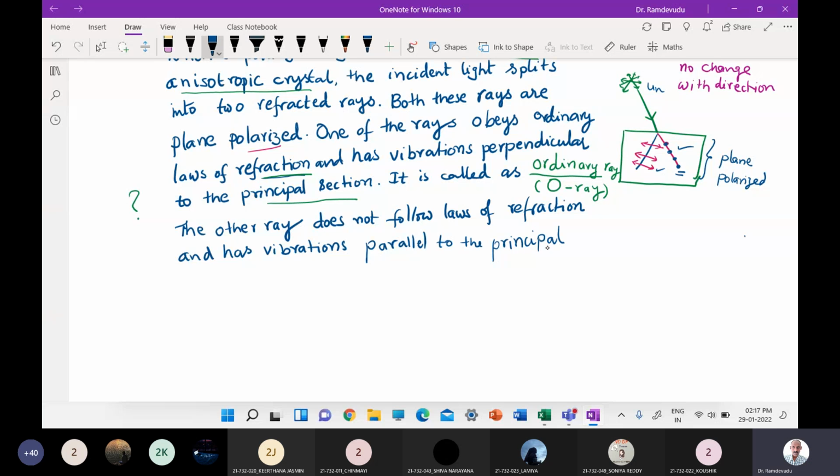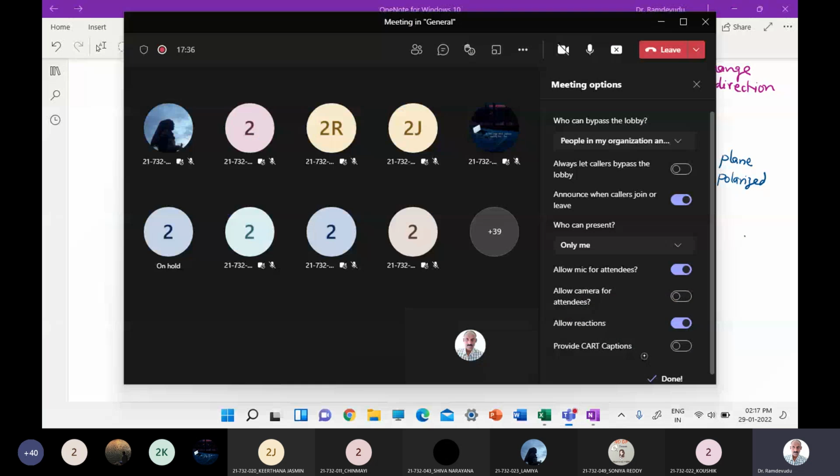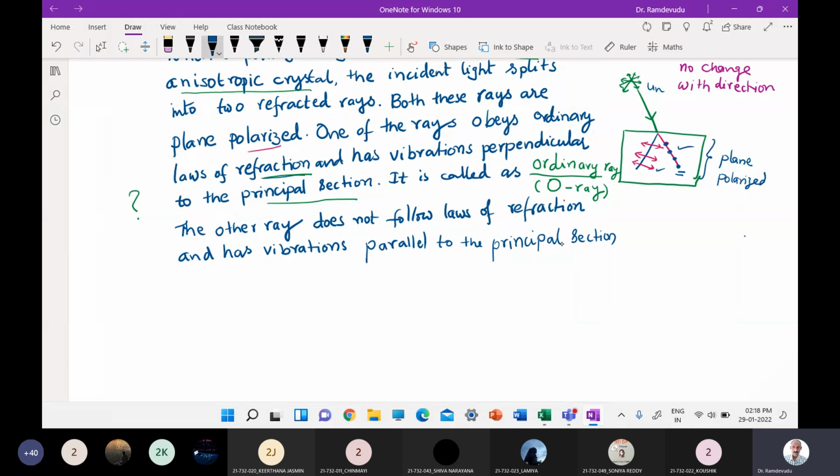Okay, so we will write it as a principal section. And because it is not following the ordinary laws of refraction, and also having vibrations in the plane of principal section itself, it is showing some extraordinary property. Ordinary properties, it has to follow all the rules, but it is not following.